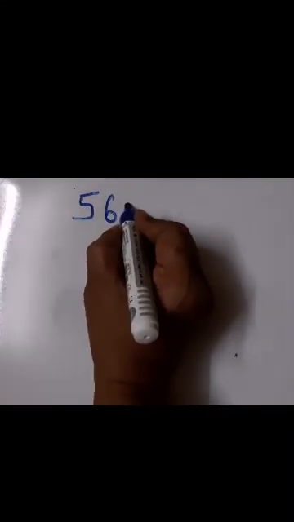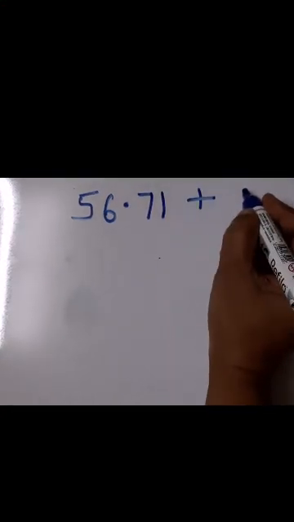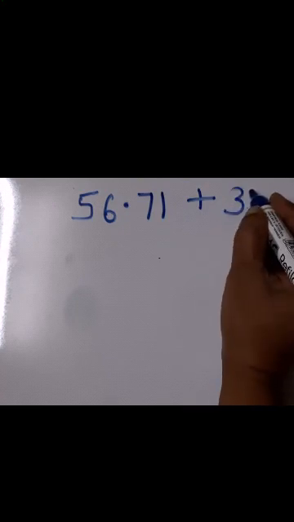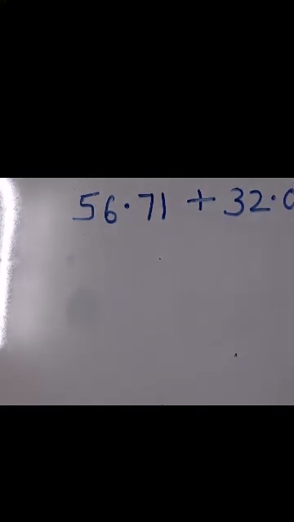That was very simple. How about this sum children? 56.71 add, let's take 32.09.